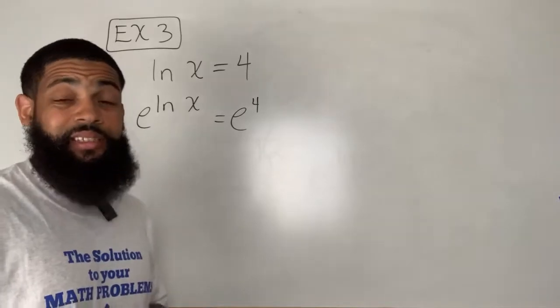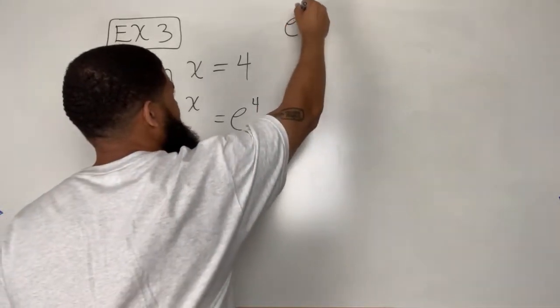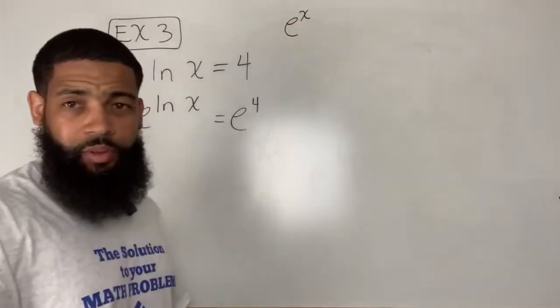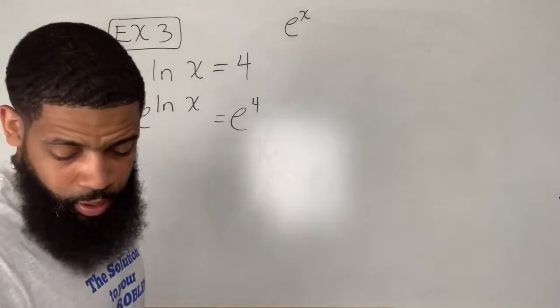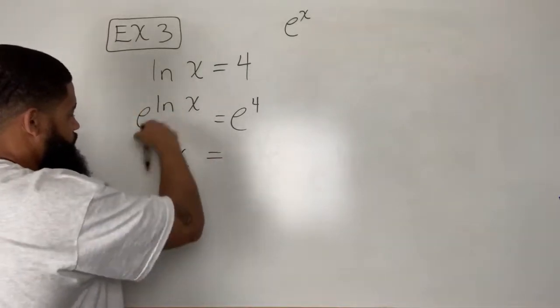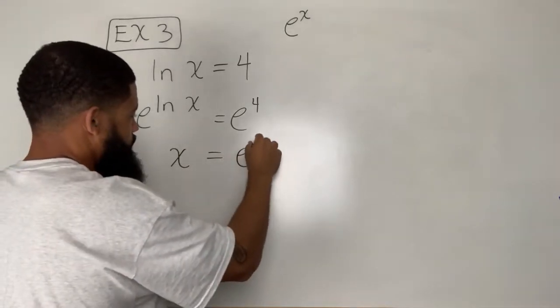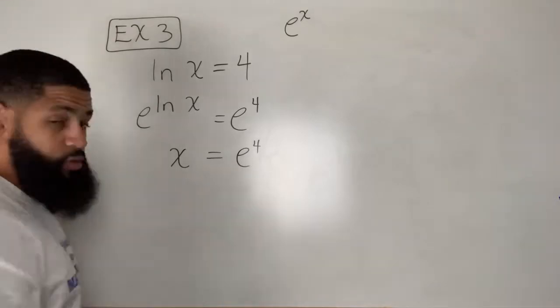Once again, e is a value in the calculator, and the button usually looks like e to the x power. So you press that button and it'll automatically bring it up. All right, so then now if I take this, this is going to give me just x because those cancel, equals e to the 4th power. All right, and so x is equal to e to the 4th power.